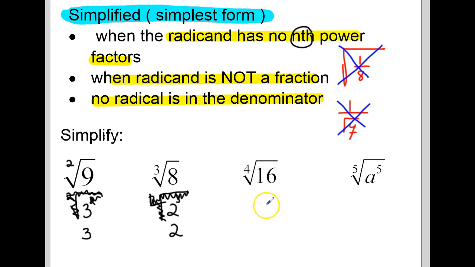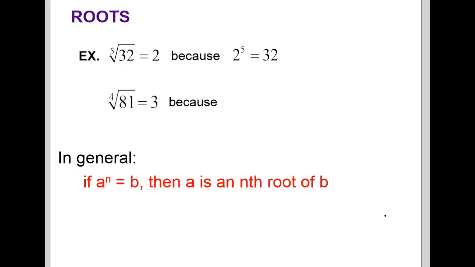Same thing with the 4th root. 2 to the 4th is 16. When I take the 4th root of that, I get the number 2. When I take the 5th root of any number raised to the 5th power, I get a. So we need to simplify that. So if you ever have the square root of 25, you always have to show me that it simplifies to 5.